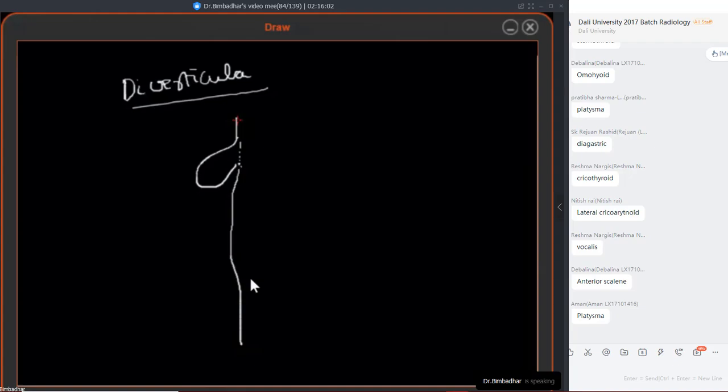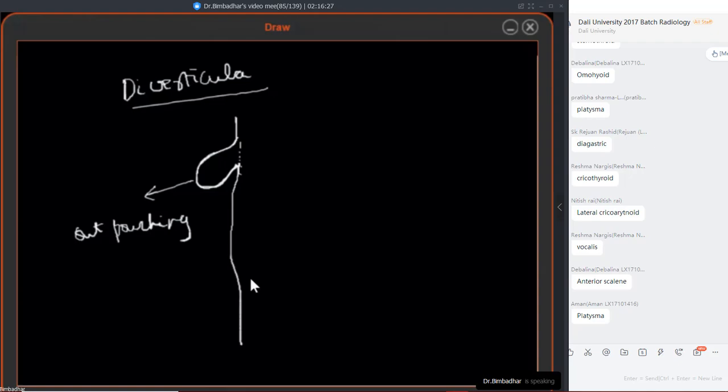Now, what happens is that it becomes a pouch, an outpouching. You see here, the whole layers of the esophagus have been involved in it, right? So it is not a problem of erosion. It is actually a problem of the muscle.